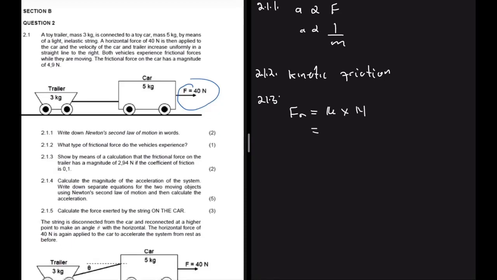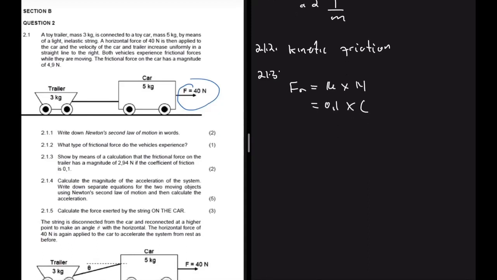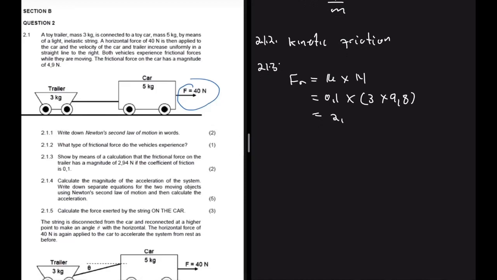And then we are told that the coefficient is 0.1. Now the question is, what is the normal force? The normal force is the mass multiplied by the gravitational acceleration, right? So we're going to have 3 multiplied by 9.8. And then if you put that in your calculator, you're gonna get 2.94 Newton, like the question says we should show.